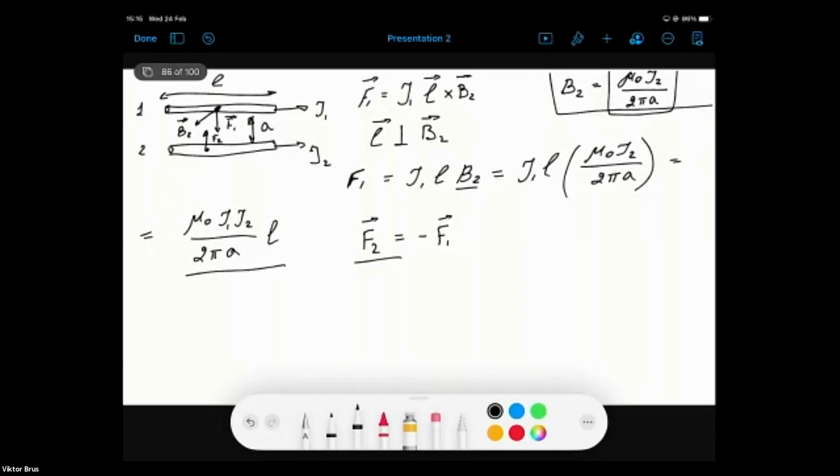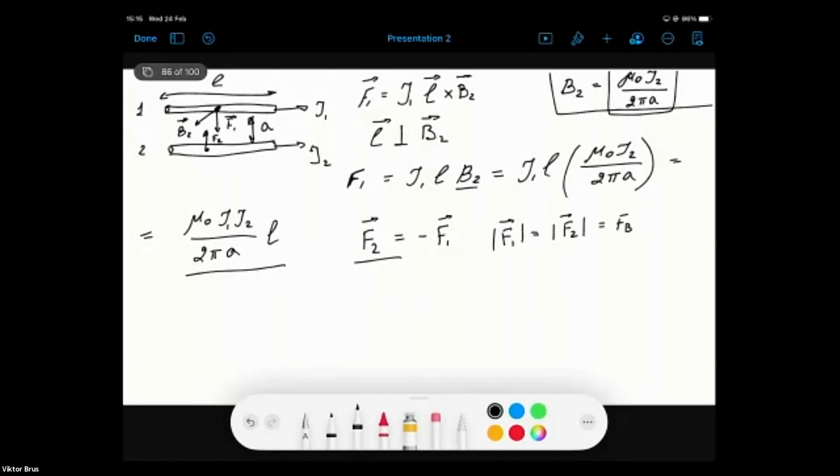And that's why for absolute values, F1 will be equal to the absolute value of F2, and we can call it just FB, magnetic force. So it's convenient to present the normalized magnetic force per unit length of the wires, since it doesn't take into account some specific length of these wires.